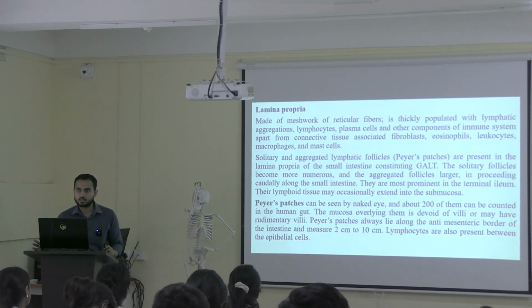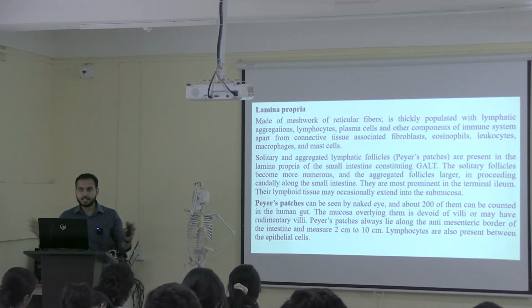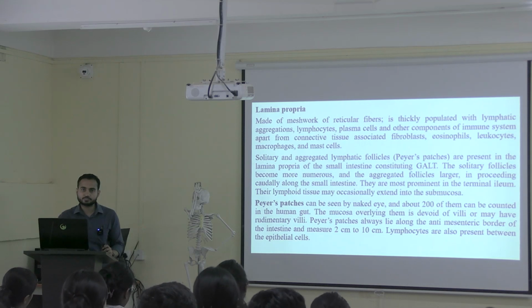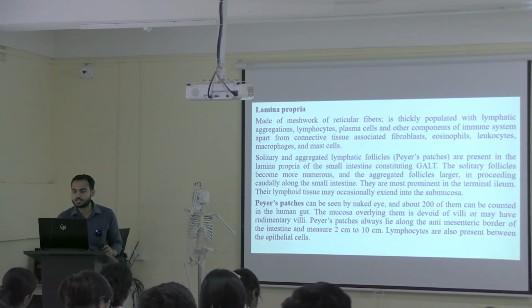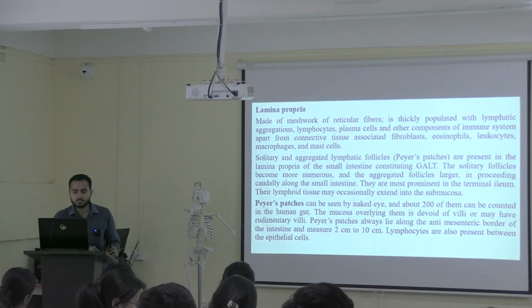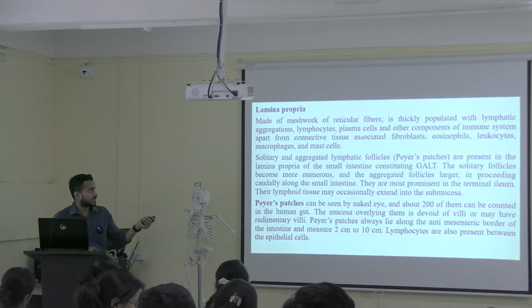I am not saying the entire small intestine, only some areas. In the lamina propria, aggregations of lymphatic follicles are there, and these are components of the immune system where you can find lymphocytes and plasma cells.